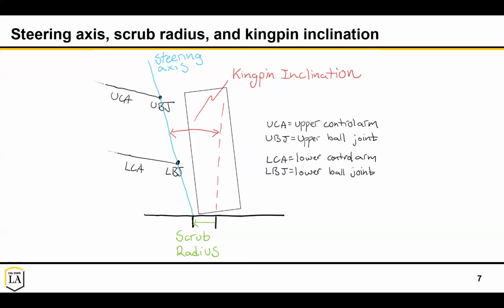And if you extend the steering axis to the ground, the distance between that point and the center of your tire, the center of your contact patch really, is your scrub radius. The larger this scrub radius is, the more feedback you'll have to the driver, because the forces happen at the contact patch. That'll create a moment about the steering axis, which is held by the tie rod of your steering system.